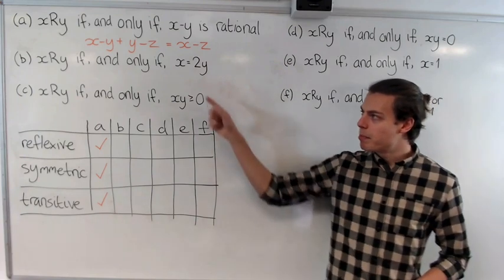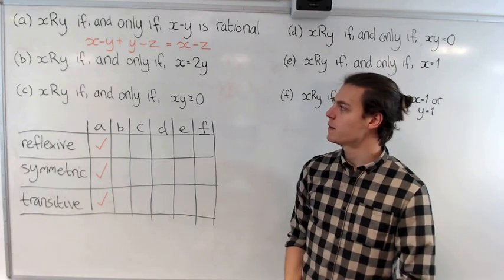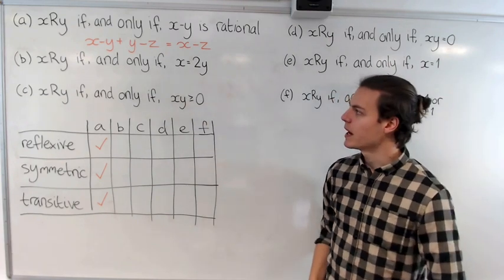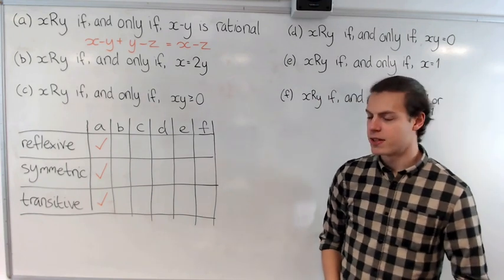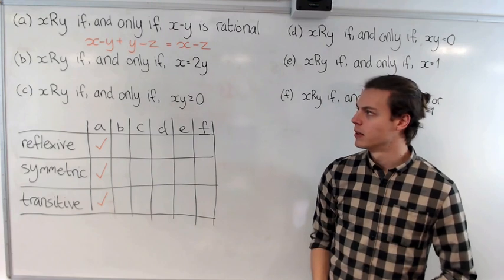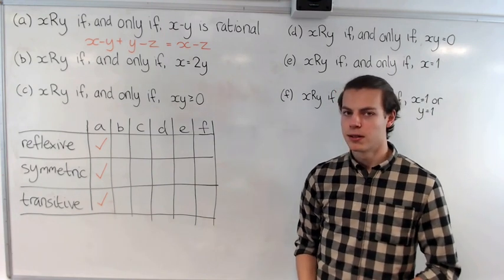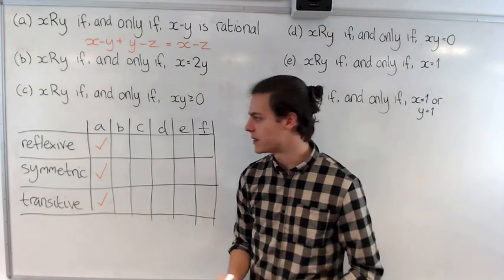Let's look at relation B, where x is related to y if and only if x is 2y. So x is y doubled. Well, is this relation reflexive? Well, no. For example, 1 is not related to itself, right? So this is not a reflexive relation.